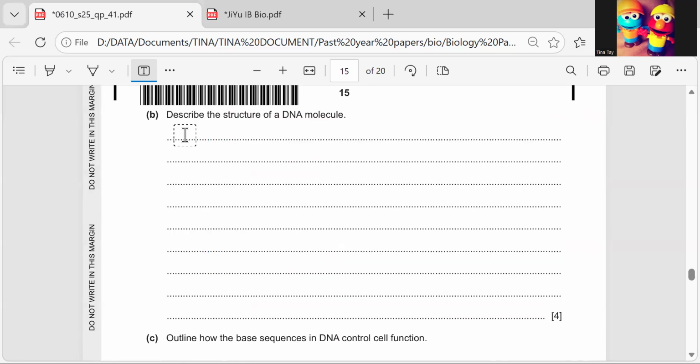Describe the structure of a DNA molecule. Double helix, two strands coiled together. It's not sequences, it's bases. So double helix gives you 1 mark.